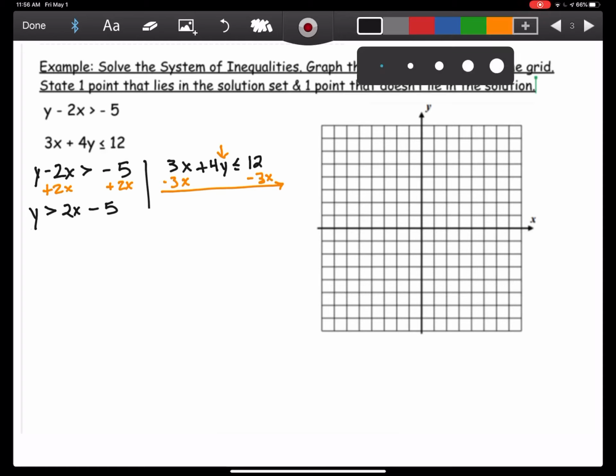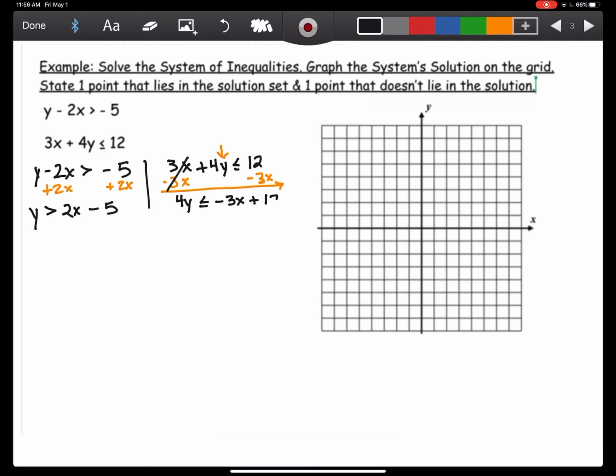And rewrite what I have. So far I have 4y is less than or equal to negative 3x plus 12. And now I've got to divide both sides by 4, or each part by 4.